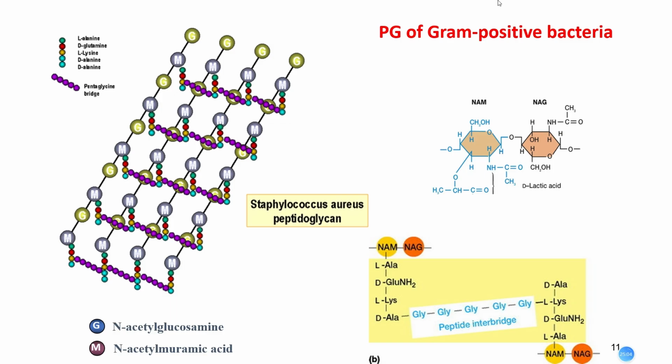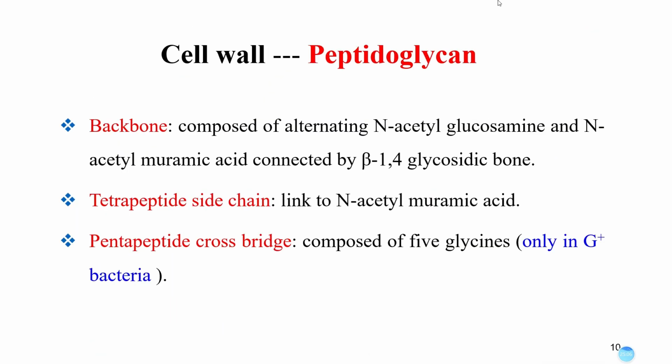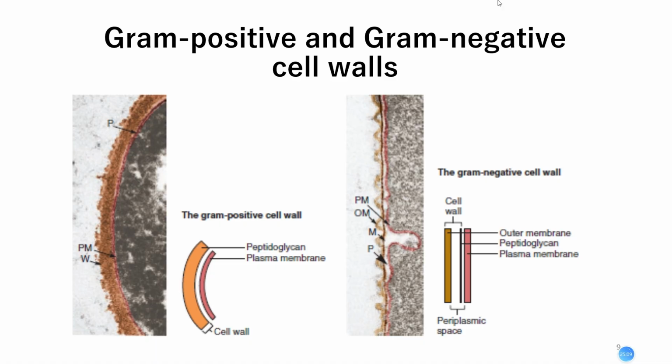And in the actual cell wall, it can be very thick, like this. It's because it contains a lot of layers of this peptidoglycan. Sometimes it can be over 80 layers of peptidoglycan in the cell wall. Which makes the cell wall very hard, very rigid, so that it's not easy to break. I used to work on gram-negative bacteria for a long time. In recent years, I worked on gram-positive bacteria.